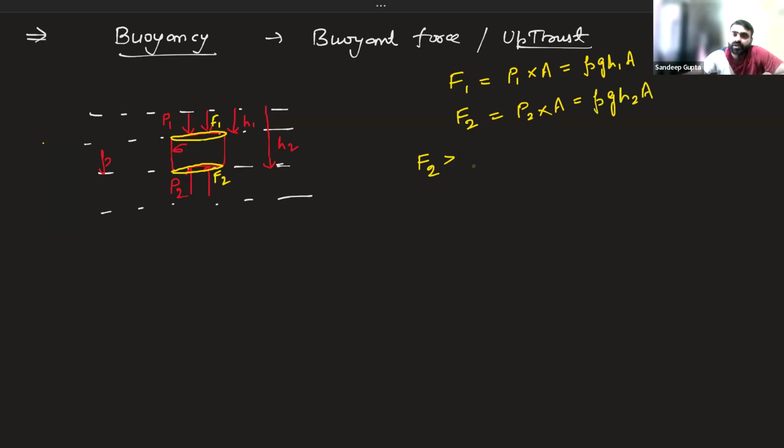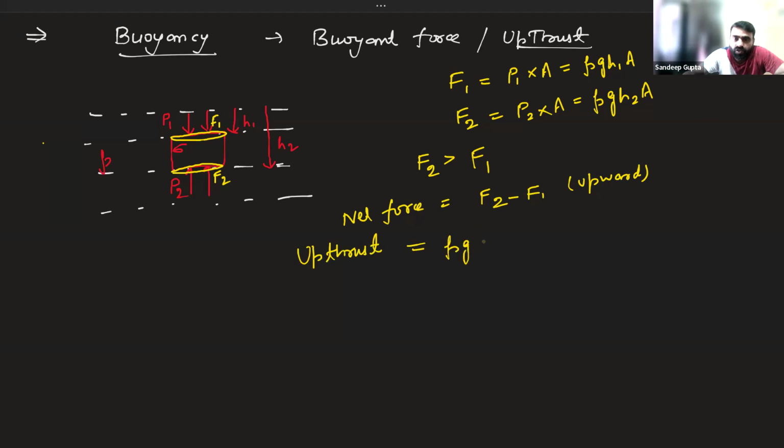So F2 is greater than F1, so the net force is F2 minus F1. This net force is always upward. That's why it is called upthrust.